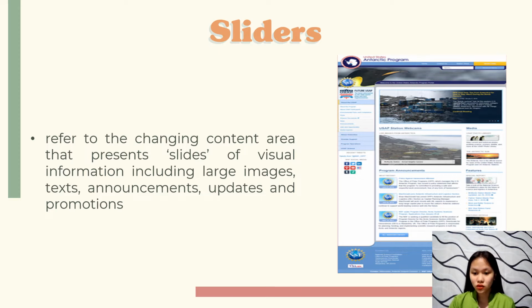As you can see in this photo, there is a big picture and there is a text. So where do you think is the slider located? So here is the slider. As you can see, there is a big photo and there is a text written on it.